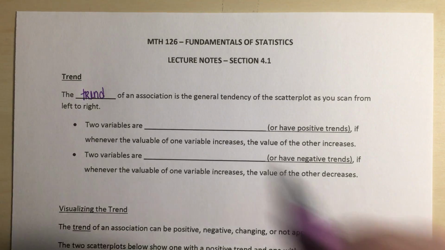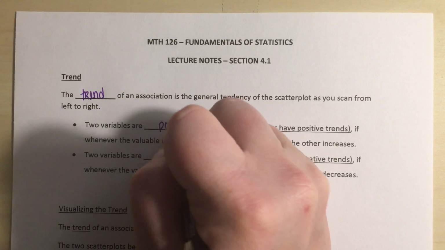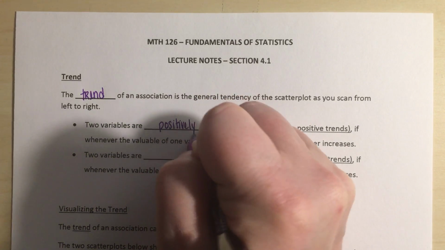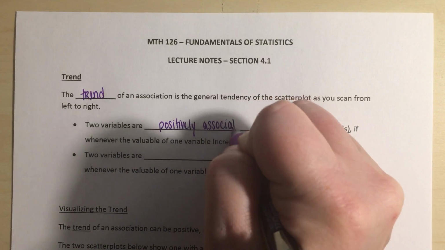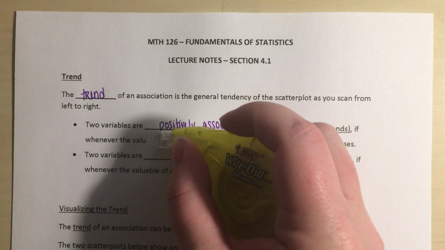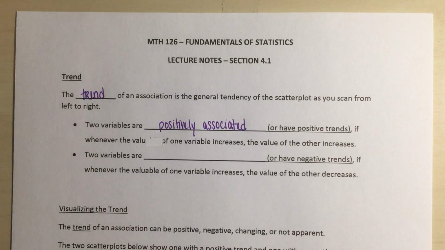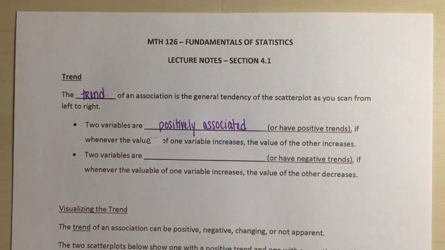So two variables, we're going to say that they are positively associated, or have positive trends, if whenever the value of one variable increases, so does the value of the other variable.